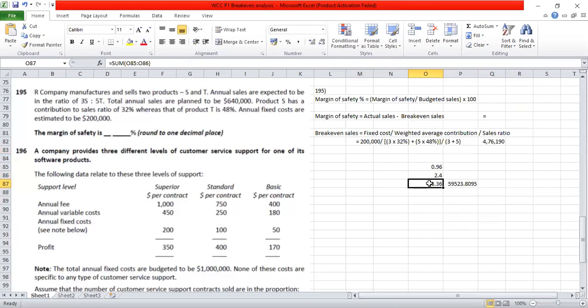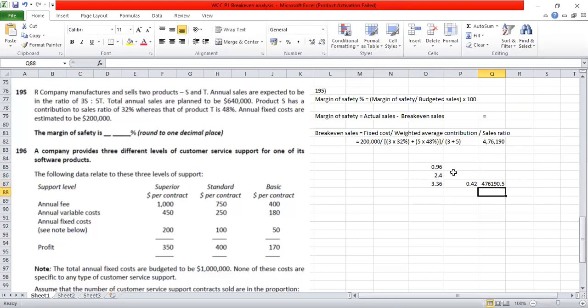Ma'am, I got the weighted average as 0.42. Then it is equal to 200,000 divided by 0.42.